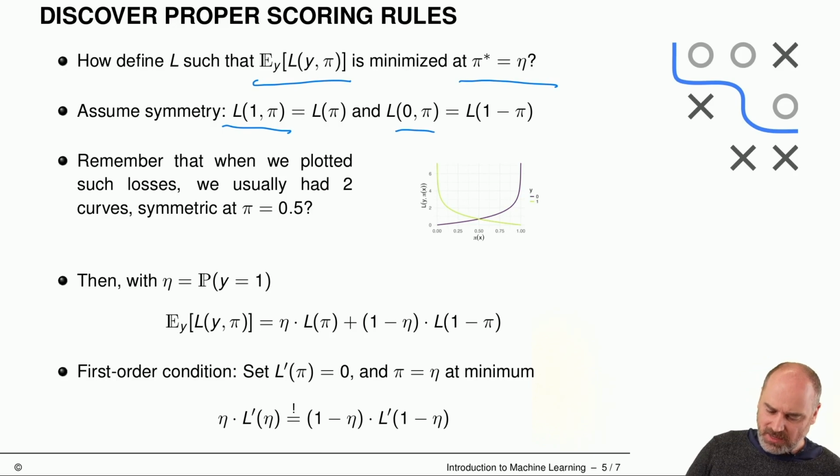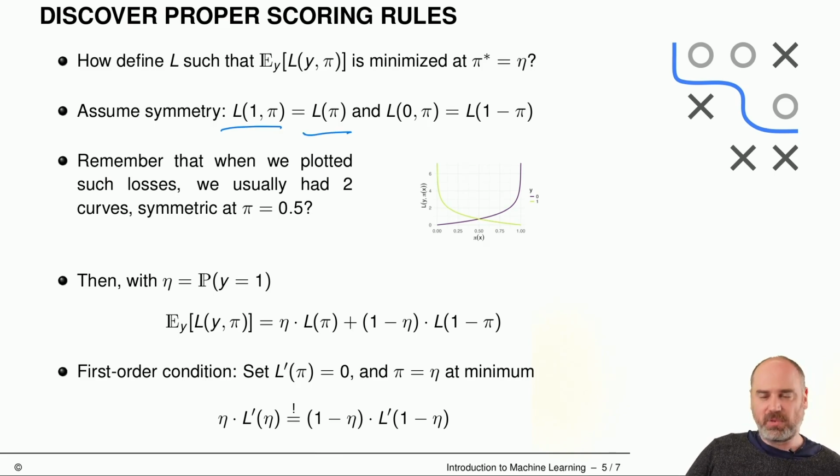So I'll just say that the loss here, if I compare 1 and pi, I'll just call that my loss function, and I'll write that in argument pi. And I will assume that the loss between label 0 and pi is the same function if I evaluate that at the counter probability, so 1 minus pi.